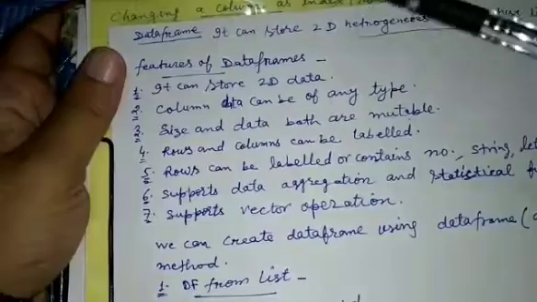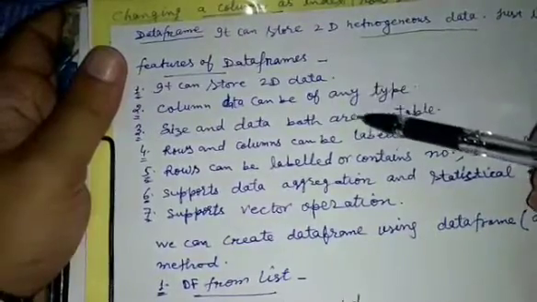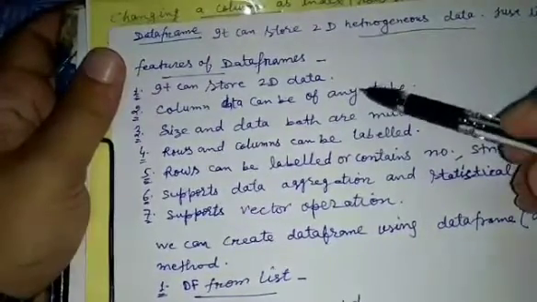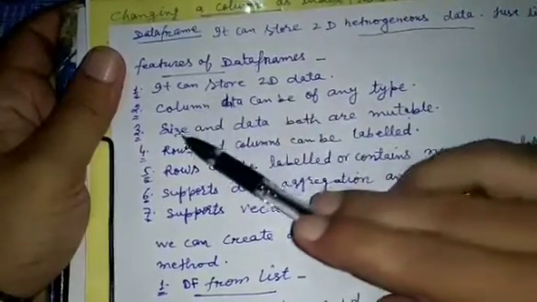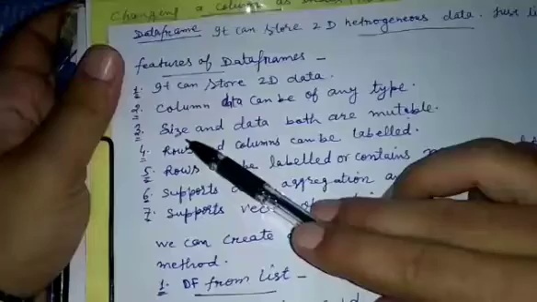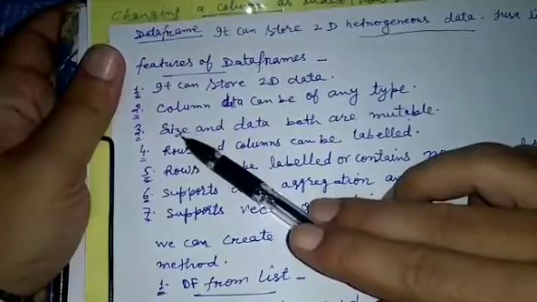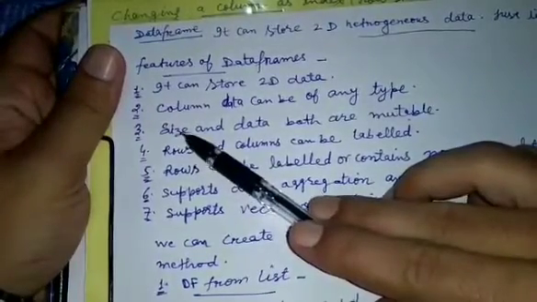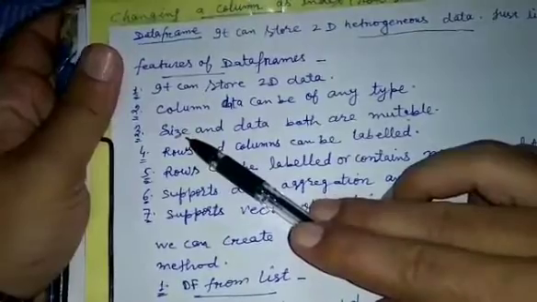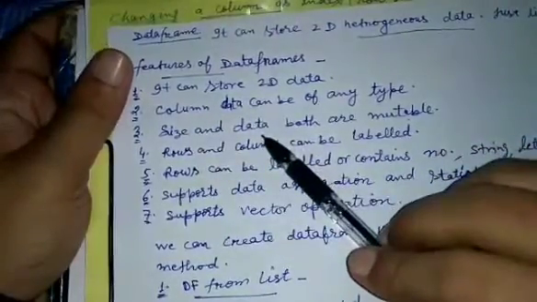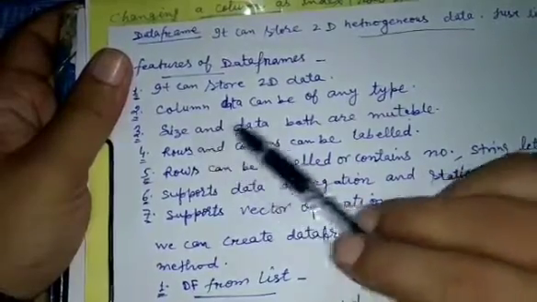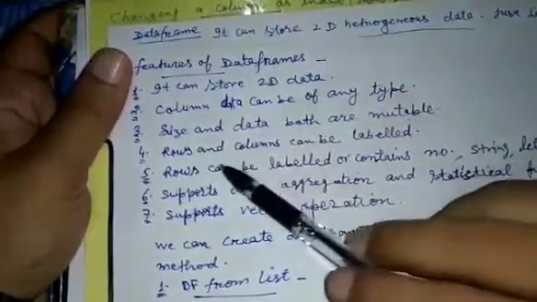In the previous classes we told you about the series object in which only the data is mutable but size is not mutable. But in a data frame you can change the size. It means you can add or remove columns or rows, and you can also change the data in place. So size and data both are mutable in a data frame.